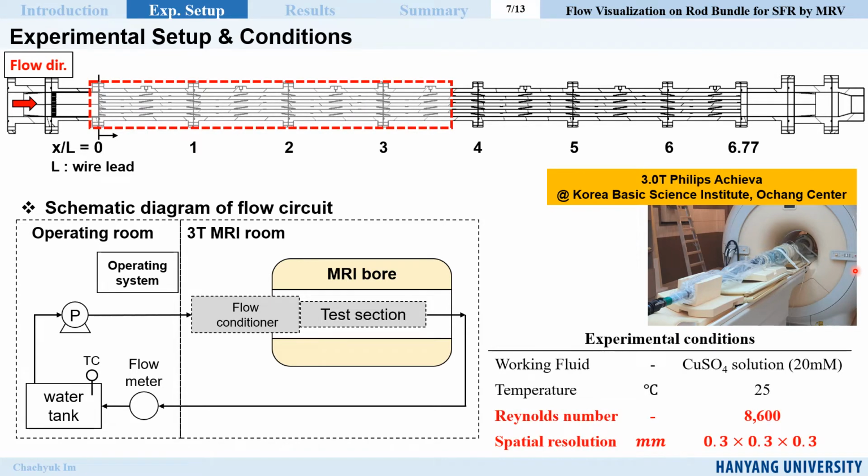The working fluid is a copper sulfate aqueous solution at 25 degrees, and the Reynolds number is about 8600. MRV measurements were performed with a spatial resolution of 0.3 mm from 0 to 3.7 regions.